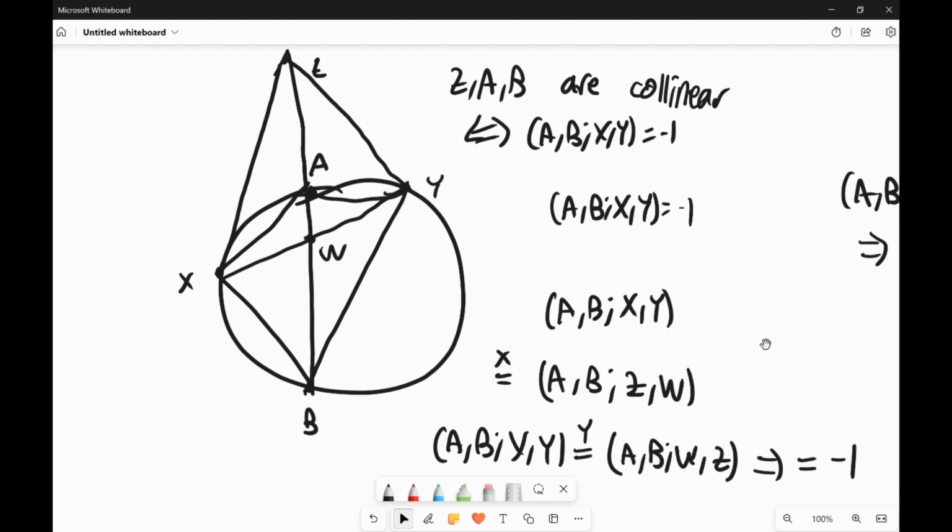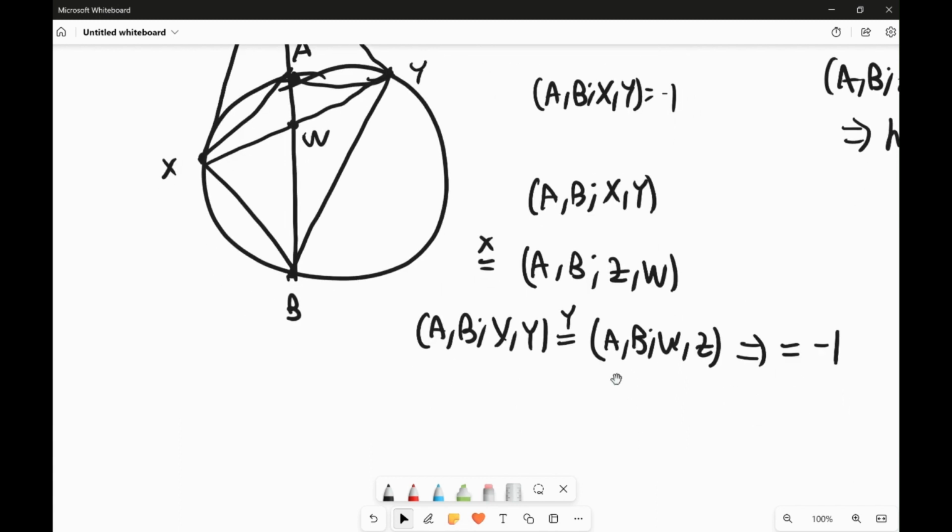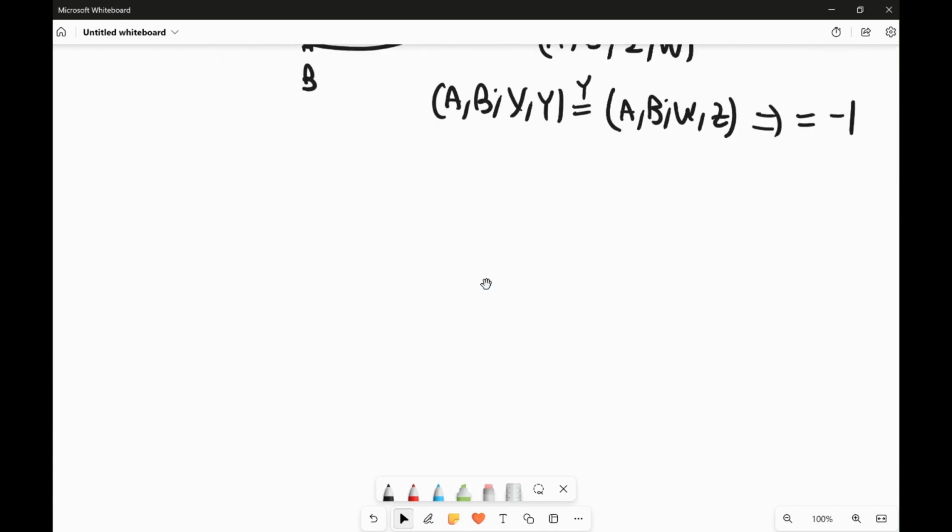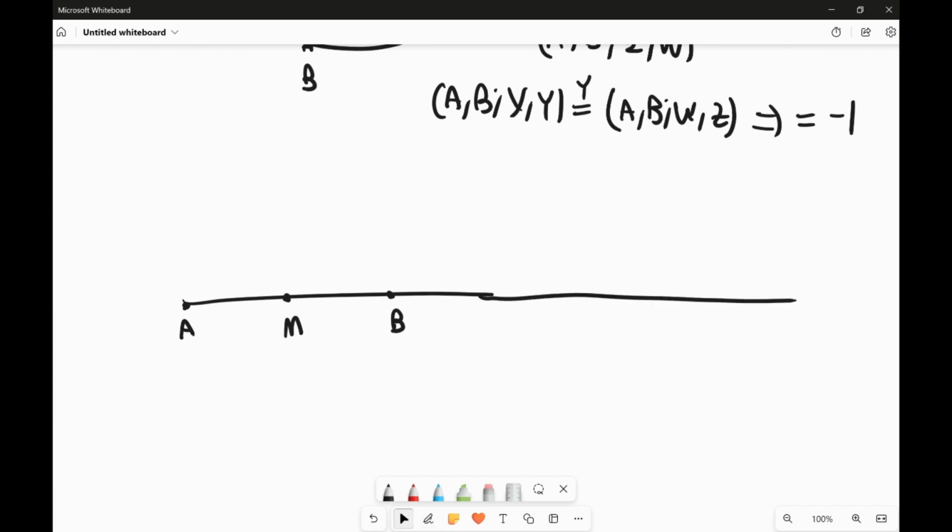And one final thing we need in order to solve the JMO problem is that if we have A and B, and the midpoint M of AB, we want to find the point P on the line AB such that (A, B; M, P) is equal to -1. And it turns out P doesn't exist in a sense.